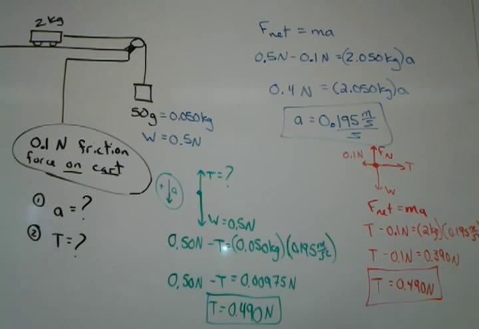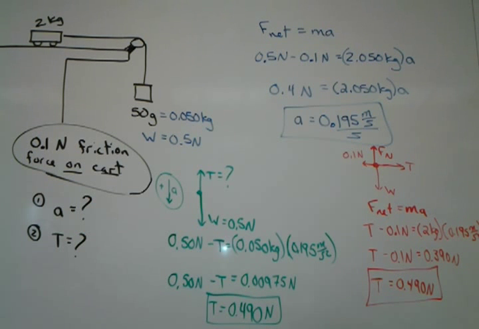Now the tension in that string should be the same tension all the way through, because the pulley has minimal mass and there isn't any friction there. So the tension applied to the 50-gram hanging mass should be equal to the tension applied to the 2 kilogram cart.